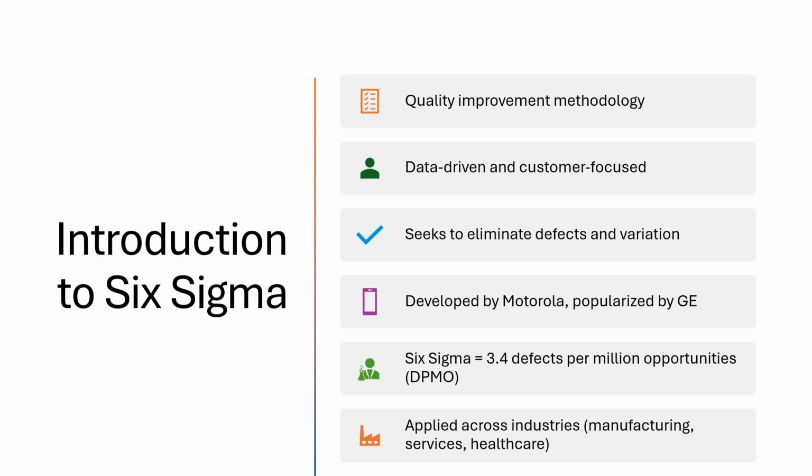Six Sigma is always equal to 3.4 defects per million opportunities. We call it DPMO, defects per million opportunities. The name Six Sigma comes from the statistical concept of being 6 standard deviations away from the mean, which translates to a process that produces only 3.4 defects per million opportunities. This extreme level of precision ensures high reliability and performance.